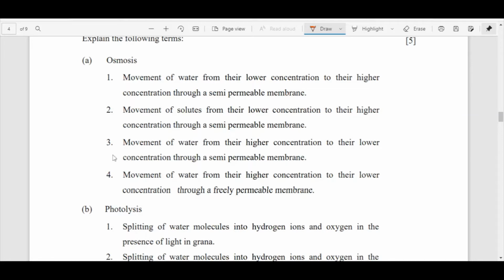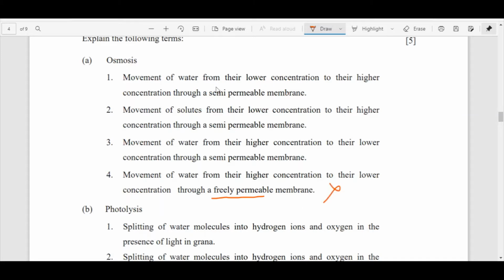Let us see. Option number 3, movement of water from higher concentration to lower concentration through a semi-permeable membrane. And the fourth option is movement of water from higher concentration to lower concentration through a freely permeable membrane. So freely permeable membrane, answer is wrong.